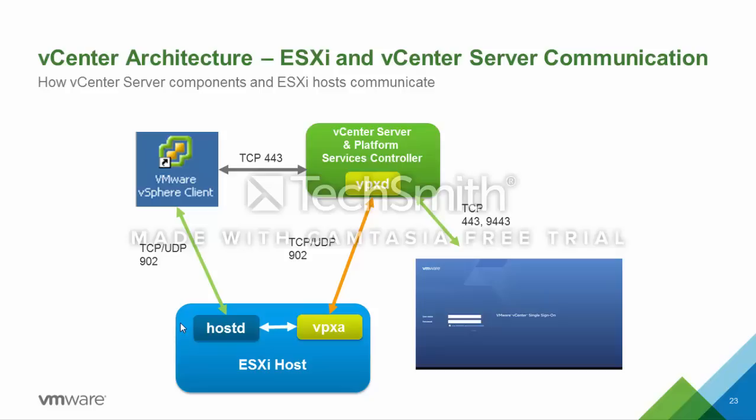Once you've connected to that server, then the host and vCenter start up a new service called VPXA. And VPXA and VPXD negotiate a secure password between each other. From that point on, vCenter VPXD communicates with the VPXA service on the host over TCP/UDP port 902, and we don't know what that password is. It's automatically negotiated. The service will automatically start.